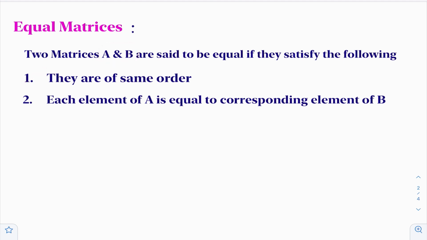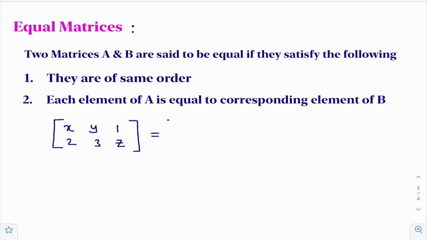And the second condition: each element of matrix A is equal to the corresponding element of B. What does it mean? I'll take one small example to explain this. I take a matrix with X, Y, 1 in the first row and 2, 3, Z in the second row.